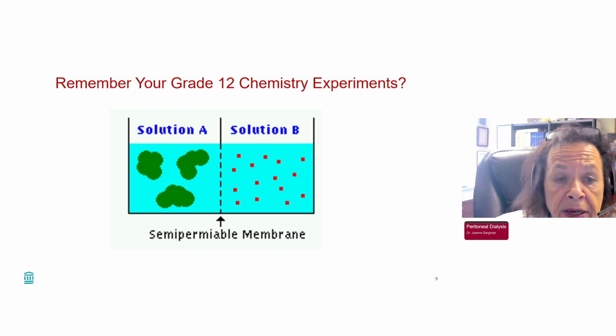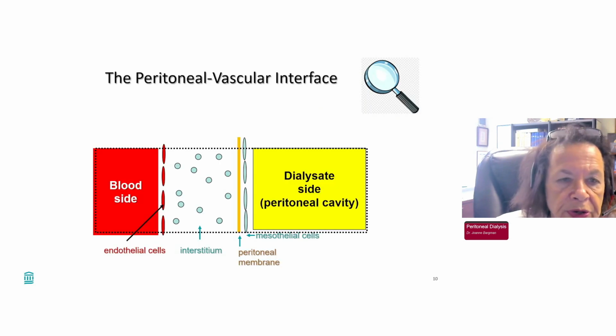The way I understand it goes back to my grade 12 chemistry, where we used to have a two-compartment setup separated by a bidirectional semi-permeable membrane. And that's certainly how I learned all about diffusion and convection and osmosis. And that comes in really handy for understanding how peritoneal dialysis works.